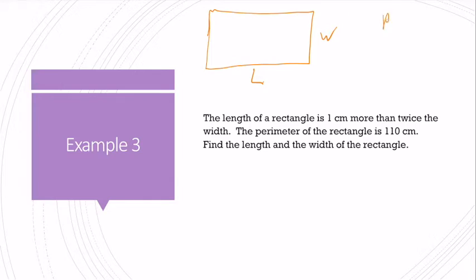The equation for the perimeter of a rectangle is 2 times the length plus 2 times the width. What does this tell me? Well, it tells me my perimeter is 110, and it also tells me that the length of the rectangle is 1 centimeter more than twice the width.